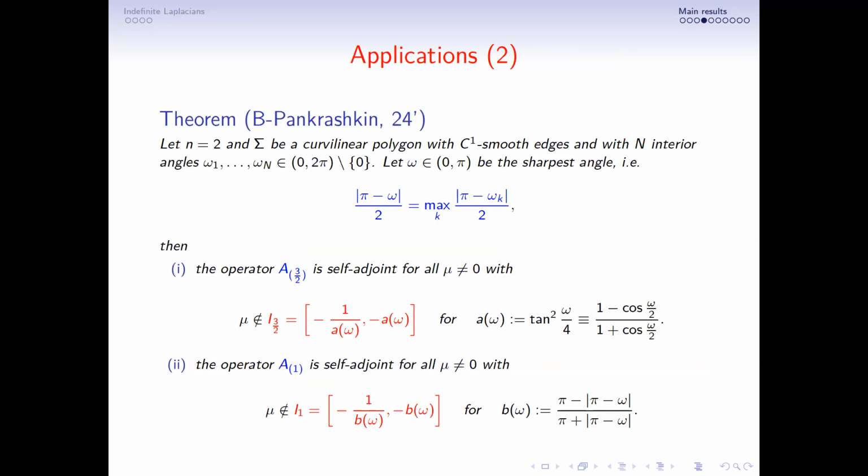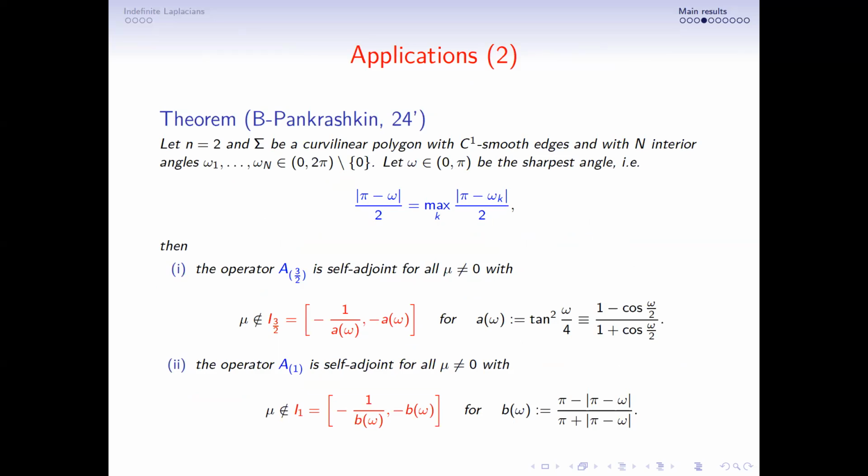Now, I'm going to restrict myself to the case where we are in 2D. Sigma is a curvilinear polygon with n interior angles that I denote by omega_j. And I will take the angle omega which is sharp in the following sense.